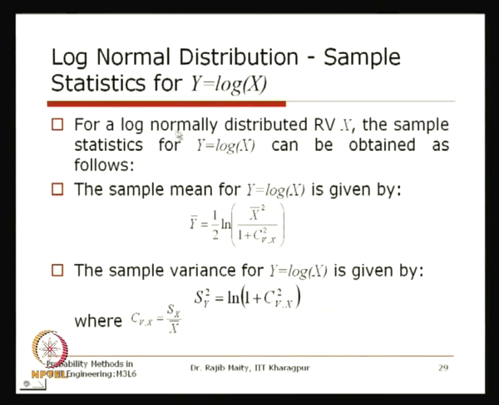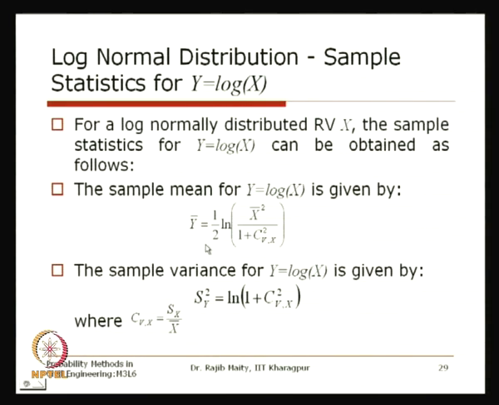Now, for a log normally distributed random variable x, consider the sample statistics for y equals log x. We have some observations, some sample data, and we have taken its log. If we take that log, how can we get the mean of that converted random variable?